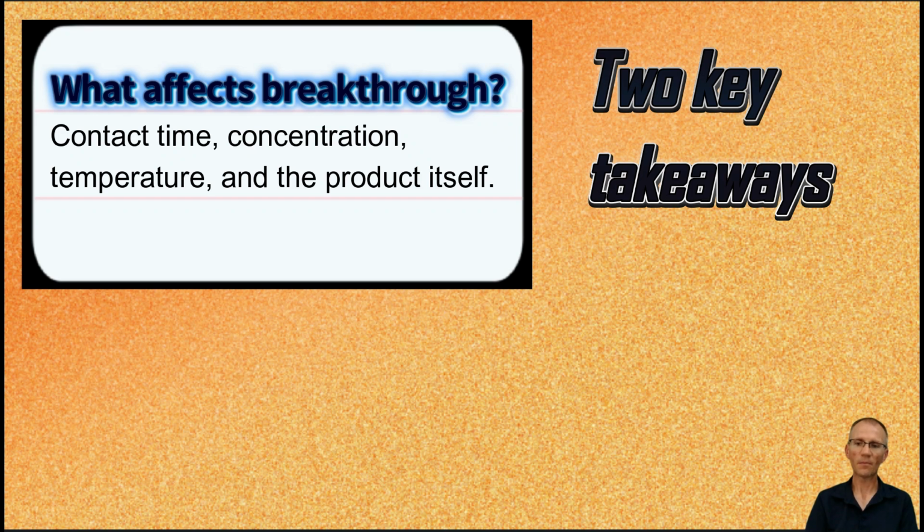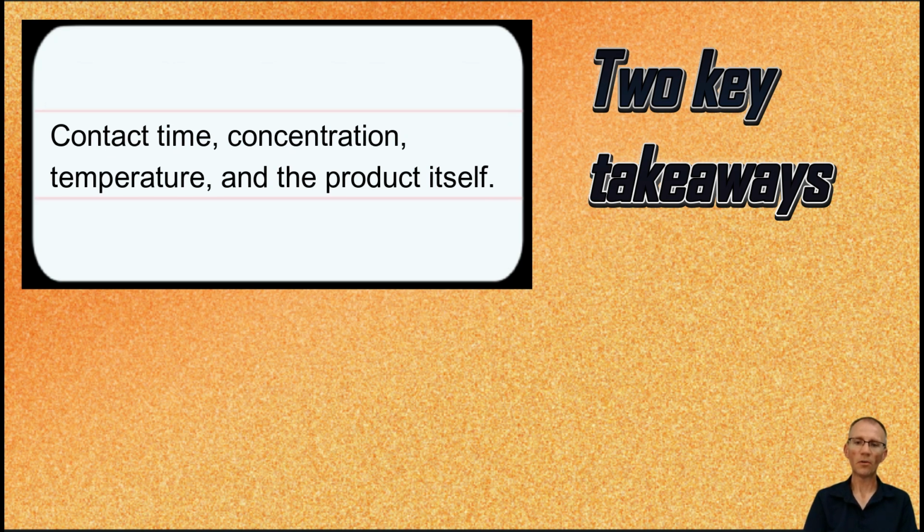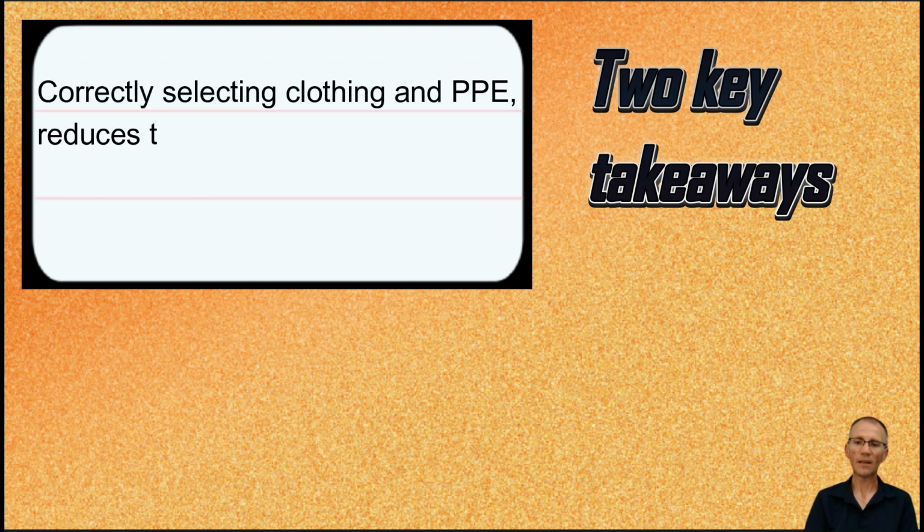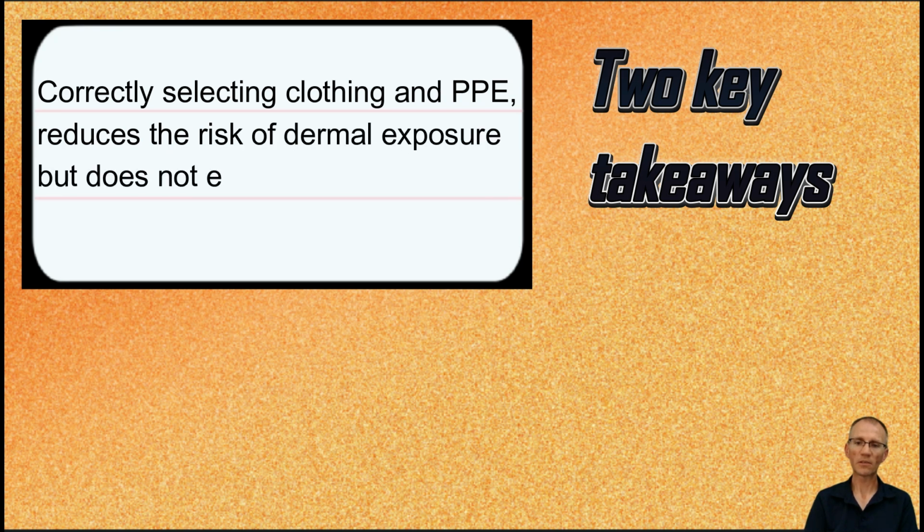The toxicity of the product is going to have a lot to do with how it can break through your PPE. Also, the other thing you want to remember, correctly selecting PPE does reduce the risk of dermal exposure, but it does not eliminate it. You may see some of these questions on exams when you're looking at the core exams, and just keep in mind, it's not 100% going to eliminate exposure if you ever get asked that question.